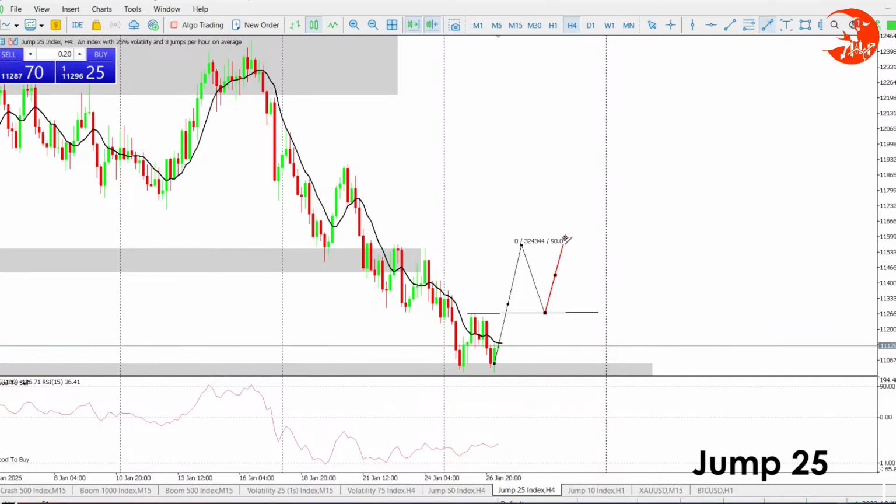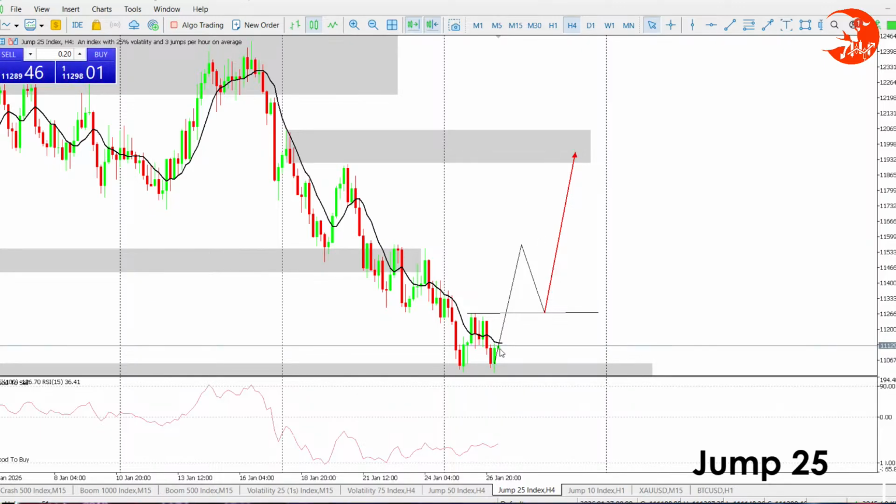That is the anticipation for the double bottom, and this would be your target right about there. So for now, no business.